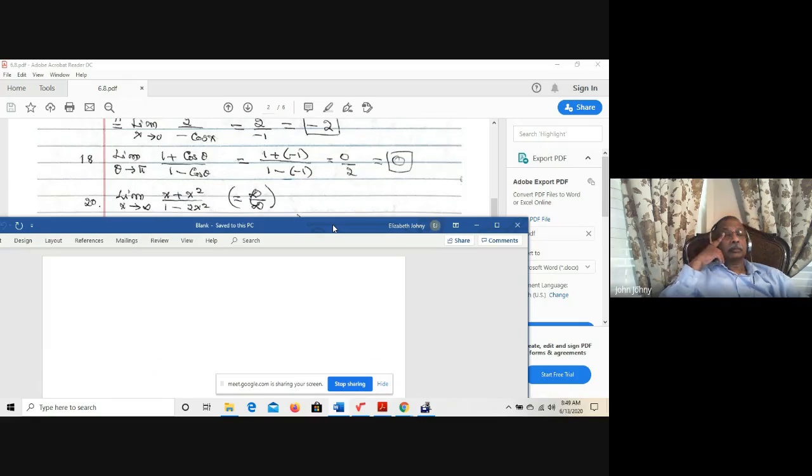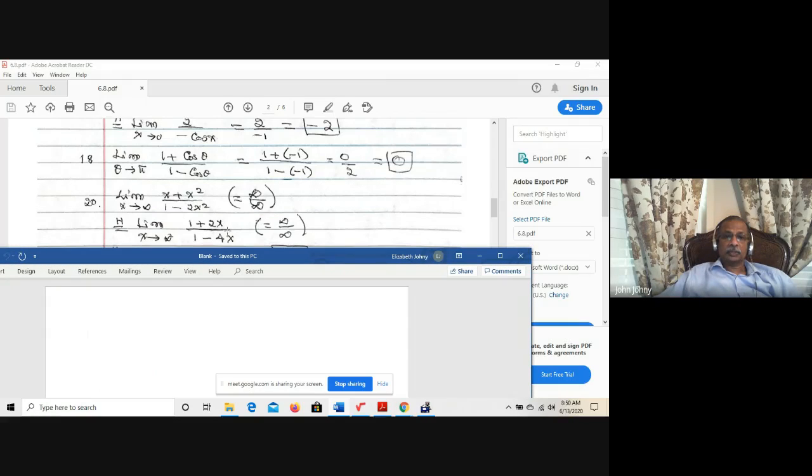Number 20. Limit x approaches infinity, x plus x square divided by 1 minus 2x square. When you substitute infinity, you get infinity plus infinity square, that is infinity. Denominator 1 minus 2x square, that is negative infinity. Now differentiate.